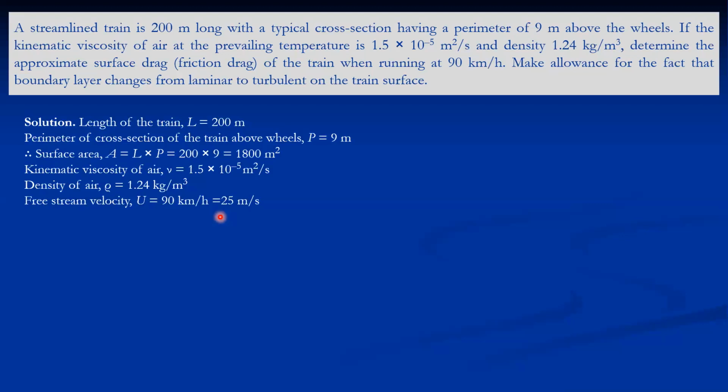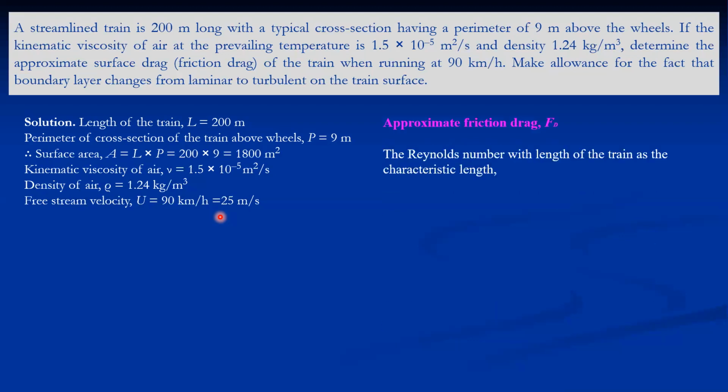Now we have to calculate the surface drag force. As per the equation, we have the approximate drag force. First of all, we calculate the Reynolds number to check whether the flow is turbulent or not. Already it is mentioned, so it is not necessary to check, but the Reynolds number is required for solving. It is about 5 into 10 raised to 5. Then we can say the flow is turbulent.